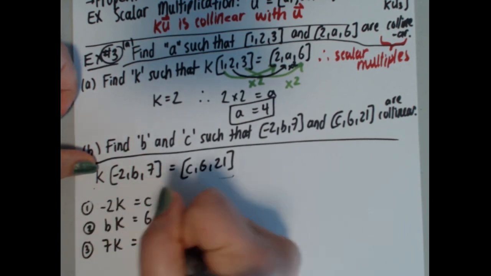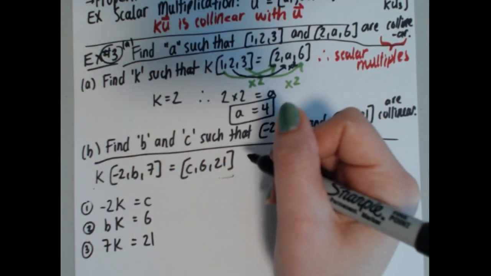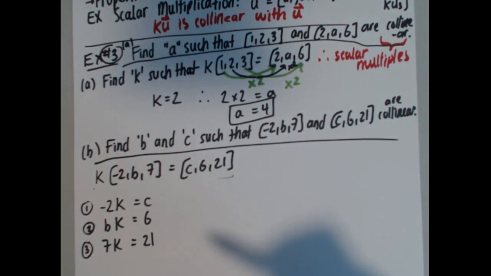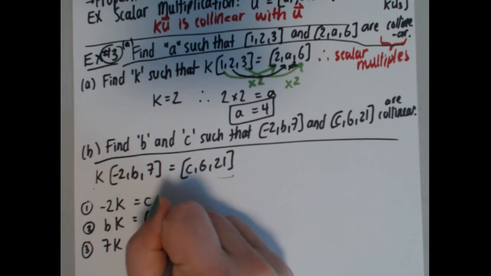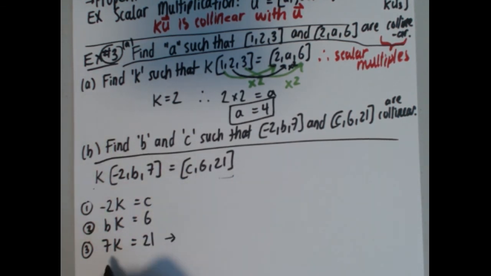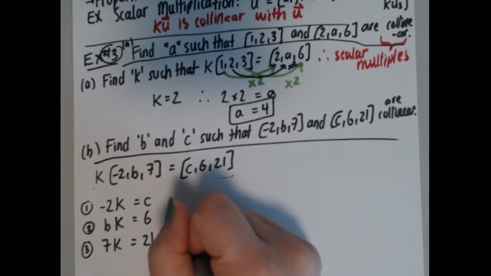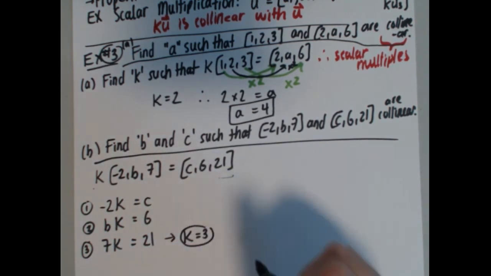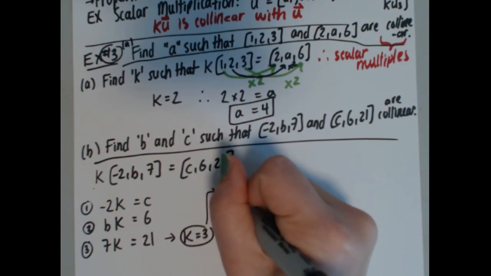So really you just have 3 equations, 3 unknowns. You have to isolate one variable and plug it into the other equations to find your unknowns. The nice thing is, in this particular example, I can right away figure out the value of k from equation number 3. 7 times k is equal to 21. So what has to be k? Well, k has to be 3. If k is 3, I'm going to plug that back into equation 2.